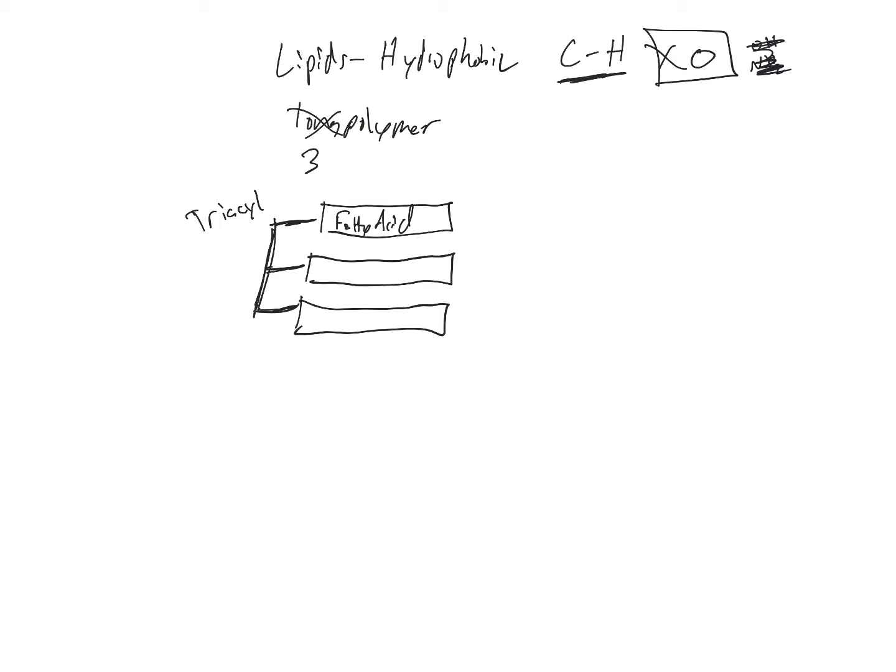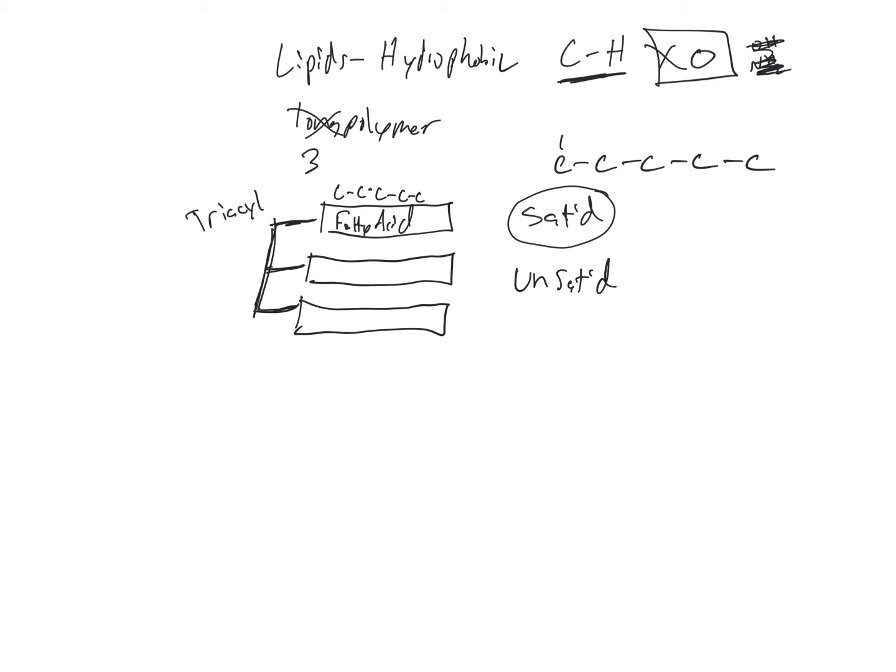Those fatty acids are long chains of carbon surrounded by hydrogens. And they can come in a couple different forms. They can be saturated or unsaturated. Saturated means that the carbons are all single bonds.